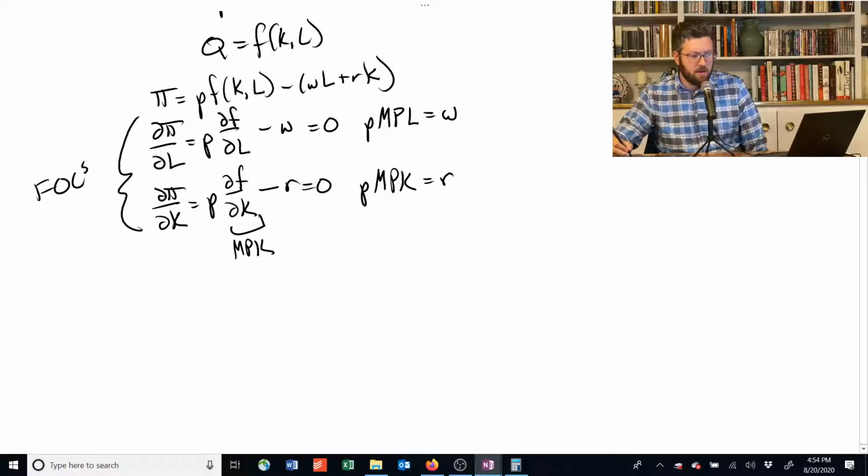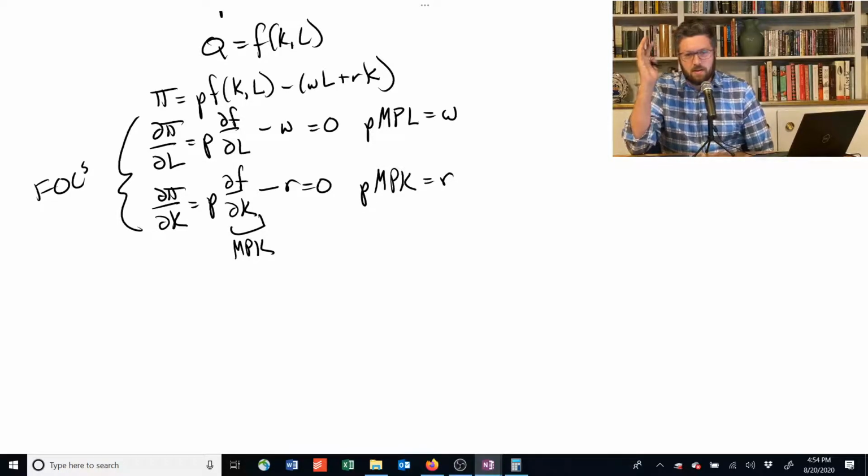So we want to satisfy both those conditions. We want to hire capital until the cost of renting one more machine, one more robot, exactly equals the increase in revenue that extra robot is going to get us.